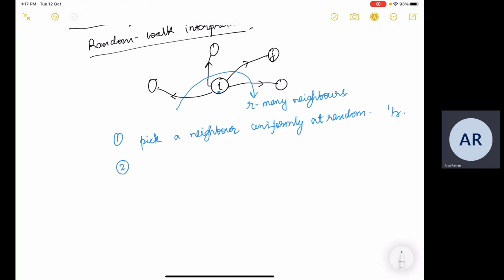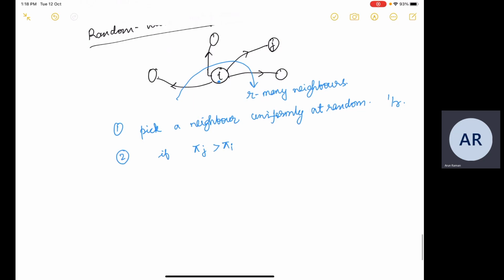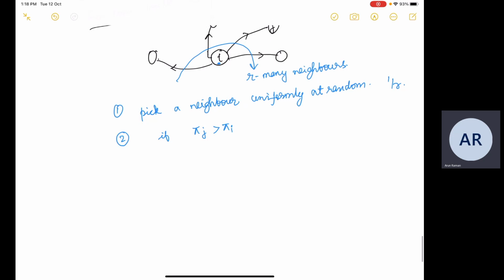Then we calculate pi_j by pi_i. If pi_j is greater than pi_i, what it means is that the probability of being in j is greater than the probability of being in i. Then min of 1 comma pi_j by pi_i is equal to 1.